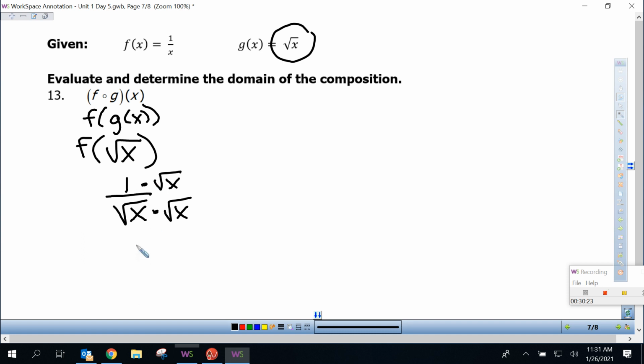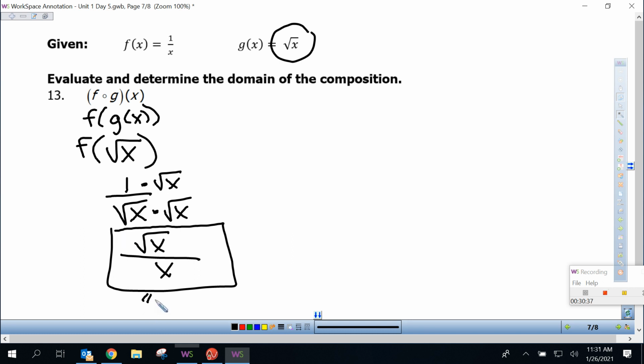So 1 times the square root of x gives me square root of x. And in the bottom, square root of x times square root of x is just x. So when we evaluate, this is called your resultant. The result you got from evaluating is called your resultant.